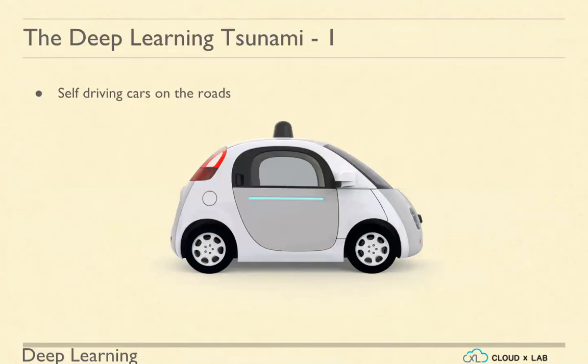Deep learning is part of machine learning, whereby we solve really complex problems, such as the self-driving car on the roads, where the car learns to drive by itself, observing traffic and so on.